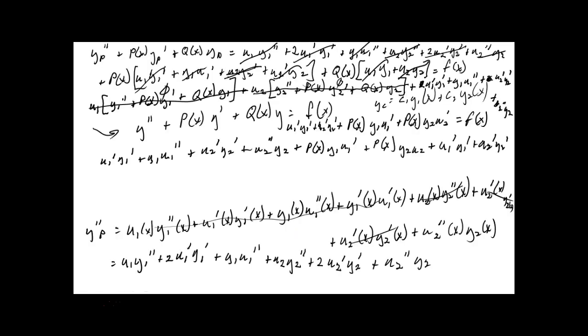The pen won't write, and I can't read my writing here. That's a U there. It looks like an A, it's not. Okay, and this is supposed to be f of x.